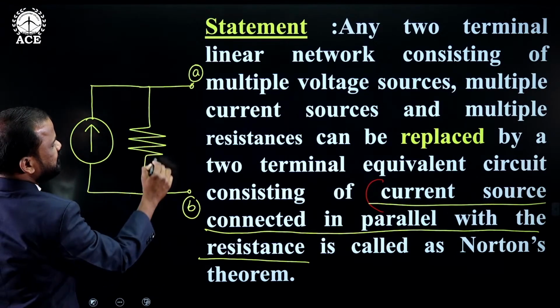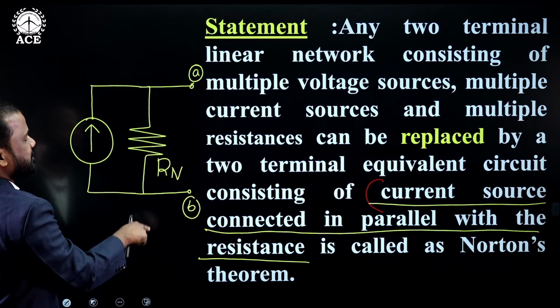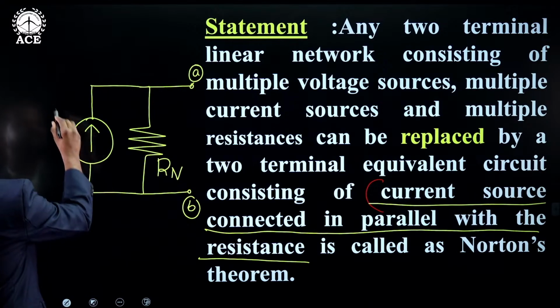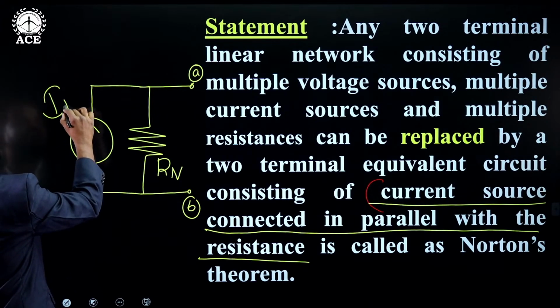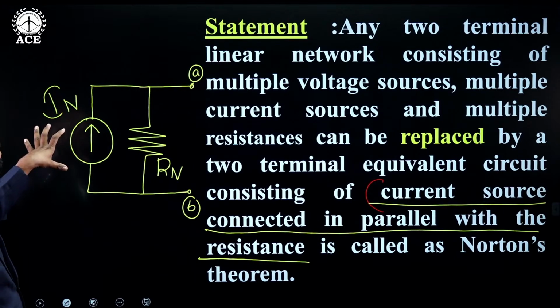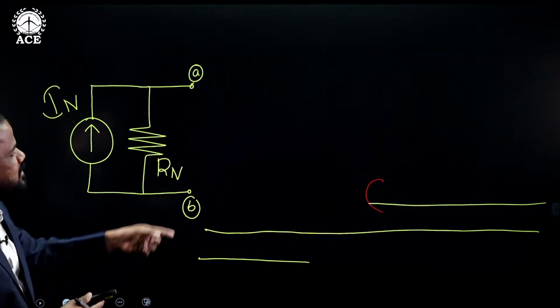A current source connected in parallel with the resistance is called Norton's theorem. This resistor represents Norton's resistance, which is always written as R suffix N, and this current source represents Norton's current, I suffix N. Now we need to replace the given network.